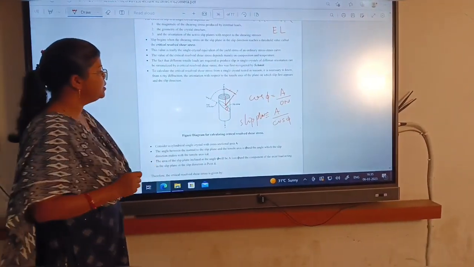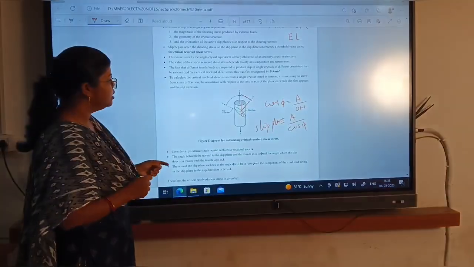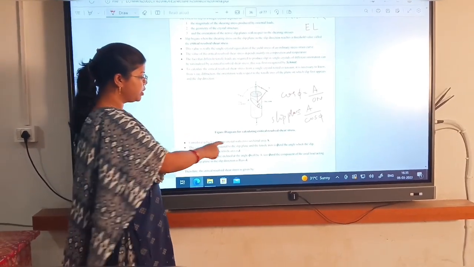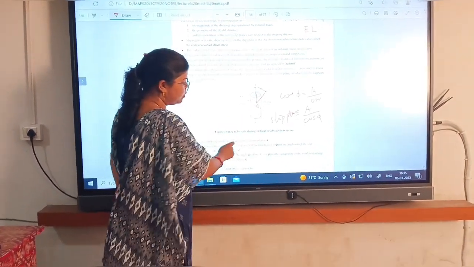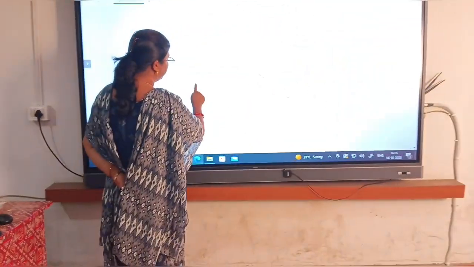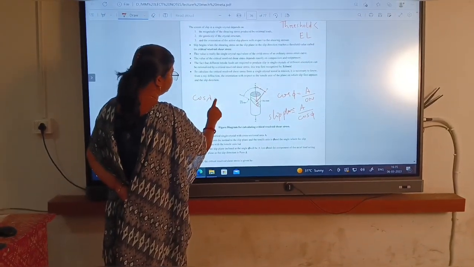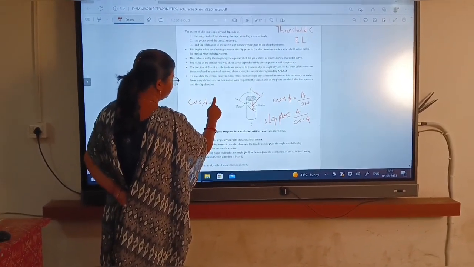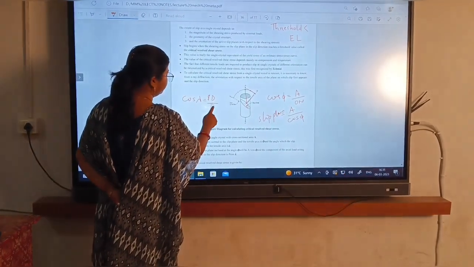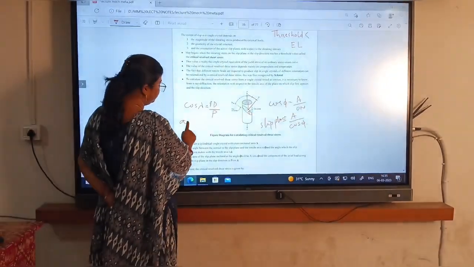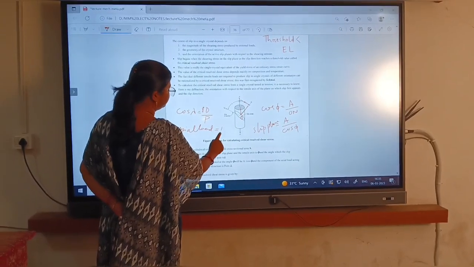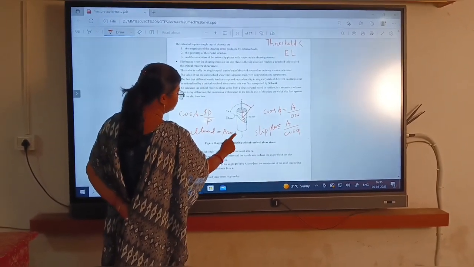Similarly, lambda is the angle between the load and the slip direction. The area of the slip plane on which angle phi lies will be A by cos phi, and the component of the axial load acting in the slip direction will be P cos lambda.